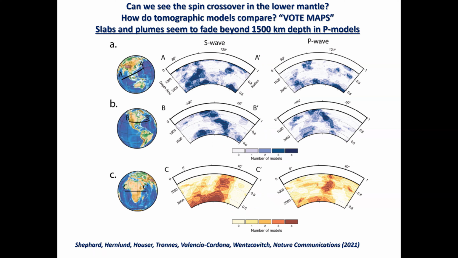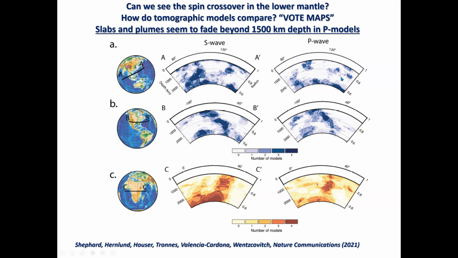Vote maps are not tomographic maps, but they just show the robust common features of the tomographic maps. Dark regions is where all 4 models agree the velocity heterogeneity is larger than 1 sigma. And white regions is where the velocity heterogeneity is smaller than 1 sigma, or there is no agreement between the models.